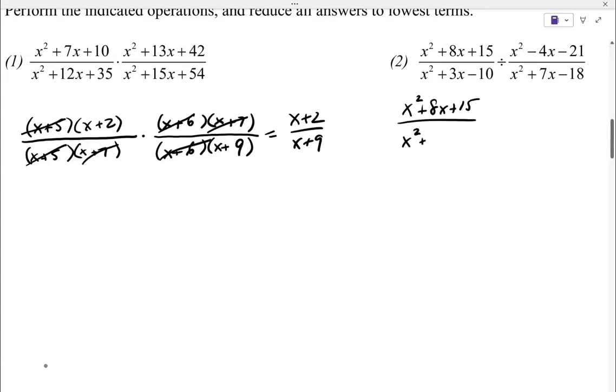We change division to multiplication. And what do we do with the second one? Flip it. Yeah. And now attack that problem just like we did the previous one. Work on that one for a minute, and then we'll talk about it.